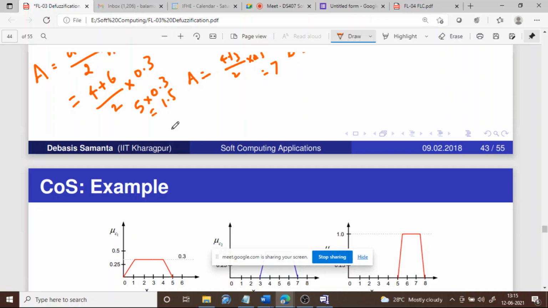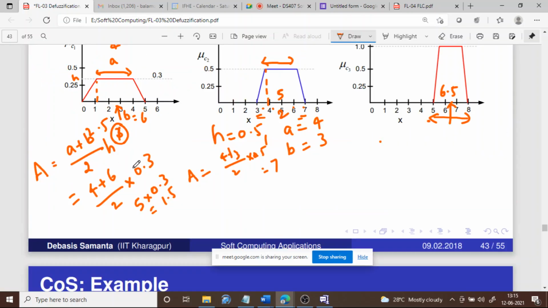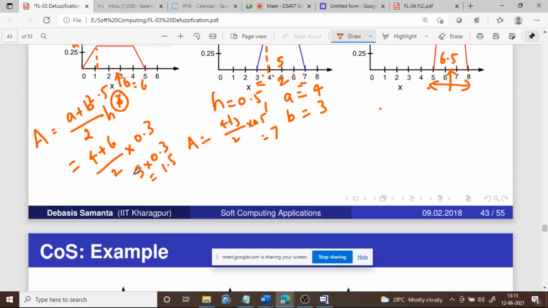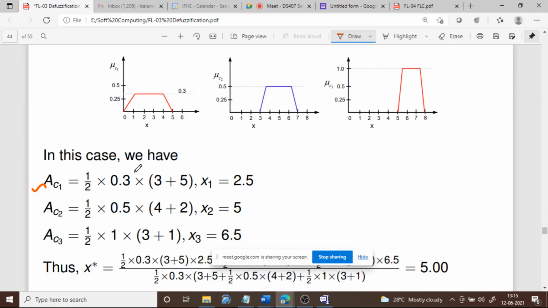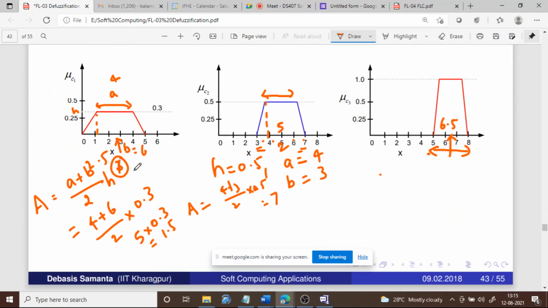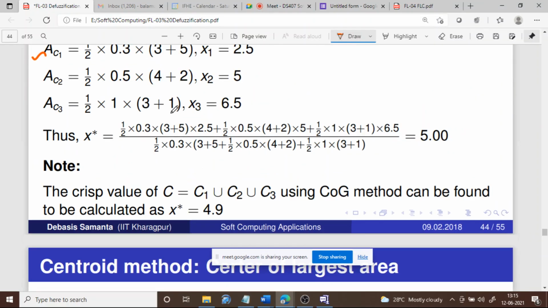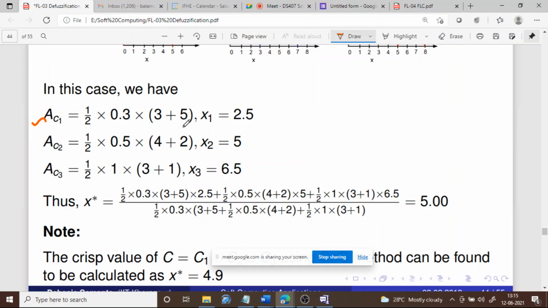So that's what we have done here. Okay, this is 5, not 6. 1, 2, 3, 4, 5, and this is 3. It is only up to here. So it is 3, right? So that's why half into 0.3 into (3 plus 5).